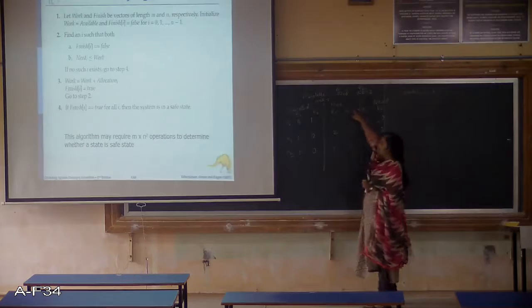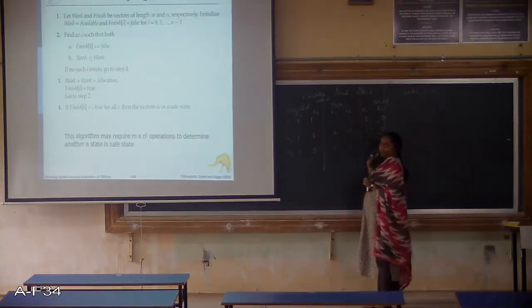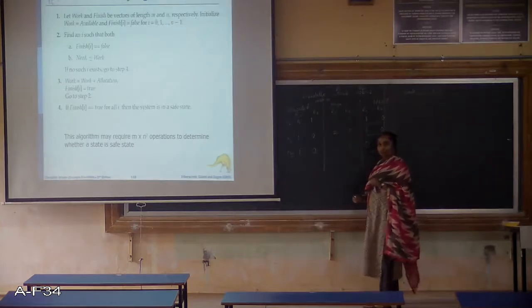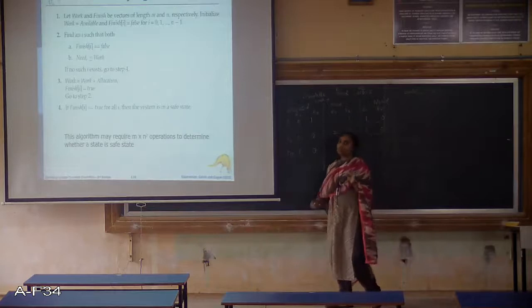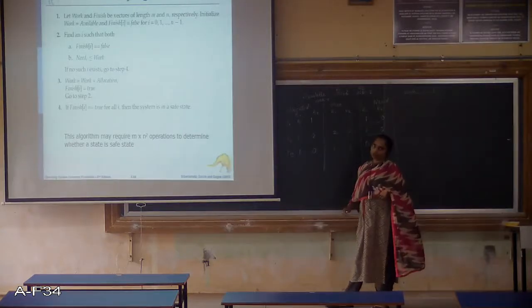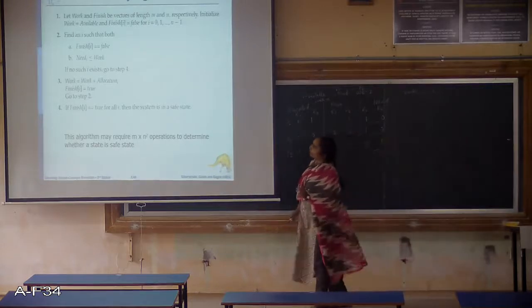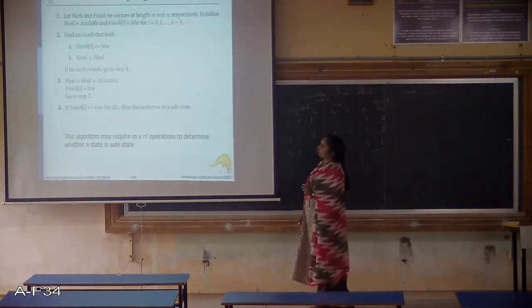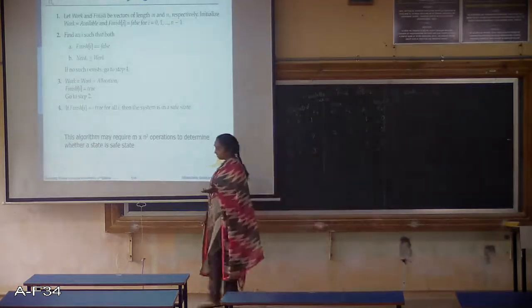Work is 6, and as many resources as the processes require, that many instances of the resources are available with us. So we can safely allocate these resources to the processes and finish their execution.